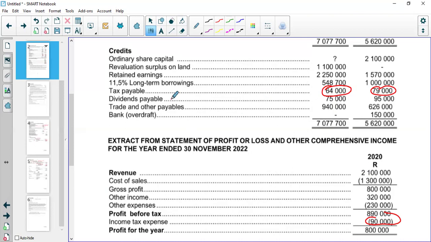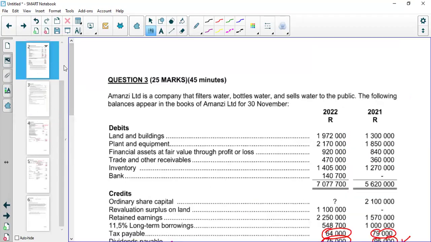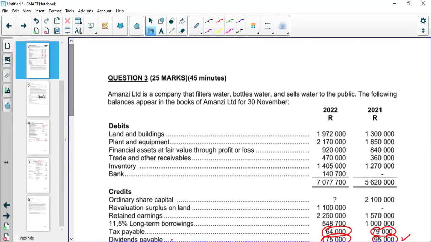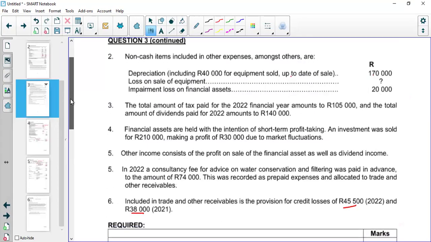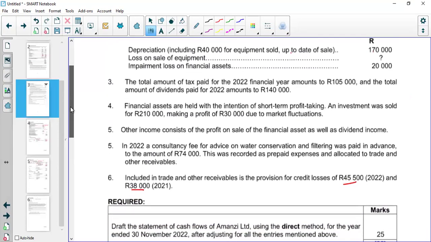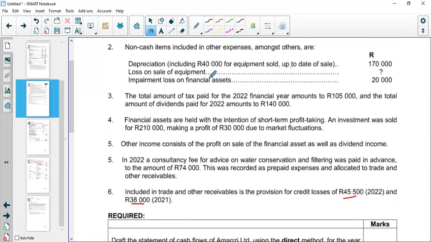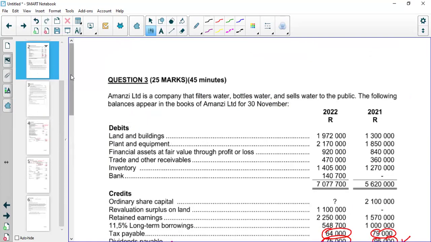Then dividends paid, dividends payable. So we have 95 from last year, 75 this year. We subtract. Then where is the dividends declared? Do we have anywhere where we are told that there were dividends declared?